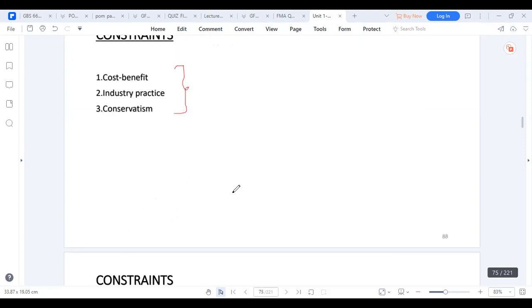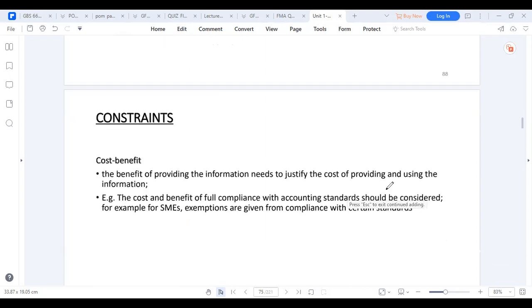These constraints in reporting assume that the benefit of providing information needs to justify the cost of providing it, for instance the cost of materials. Industry practice: when preparing, we also need to take into consideration the industry practice, because certain things must conform to the industry requirements.